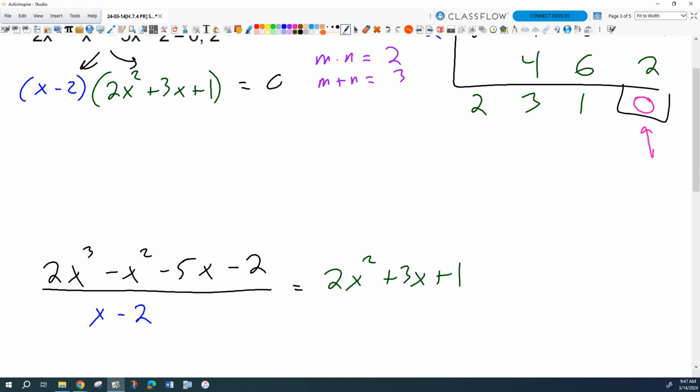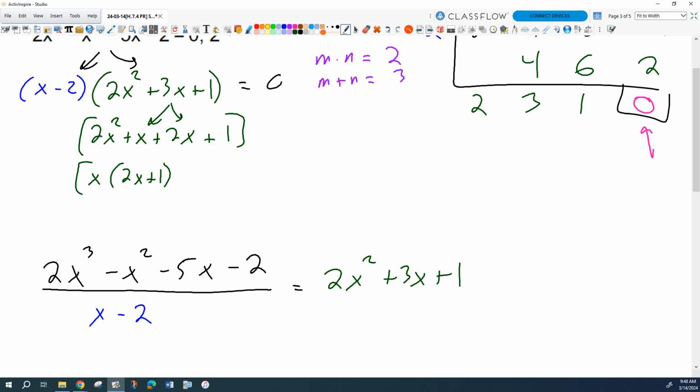There we go. So we can split this guy up then into 2x squared plus x plus 2x plus 1. That's how we split our 3x up, our magic numbers, 1 plus 2, like that. If I factor by grouping, what do I get out of my first group here? x times 2x plus 1.